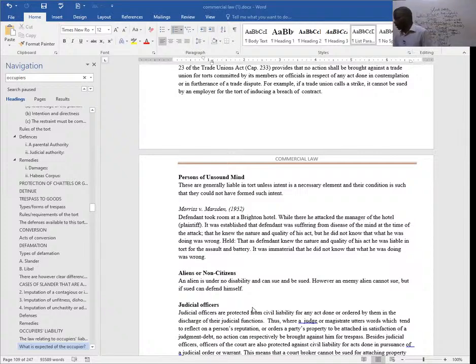However, an enemy alien is a foreigner who is, for example, in our country, Kenya, while we are fighting or at war with their country. If Kenya is at war with the Democratic Republic of Congo, all those citizens from the DRC who are in Kenya will be known as enemy aliens. They are foreigners in a country from an enemy country. So DRC becomes an enemy country because we are fighting with DRC.